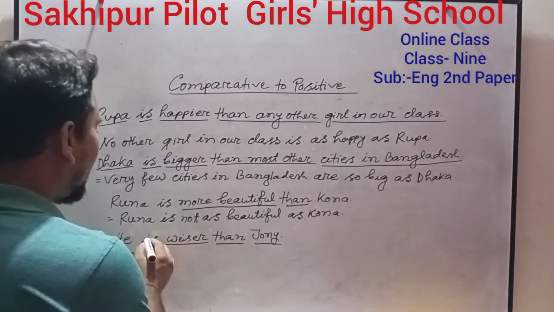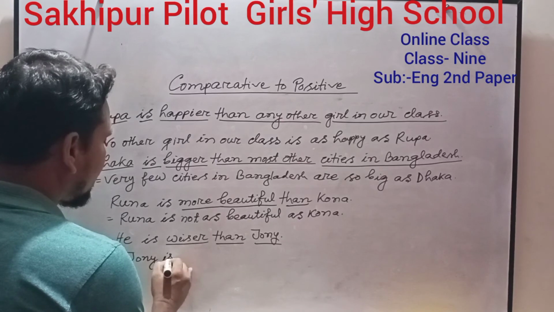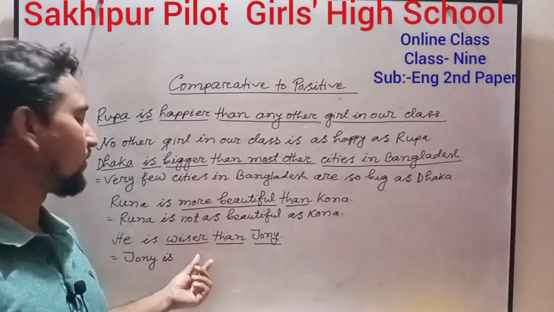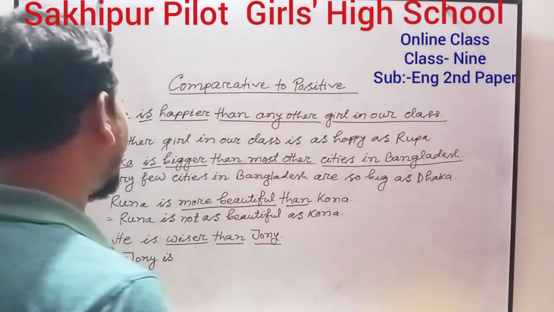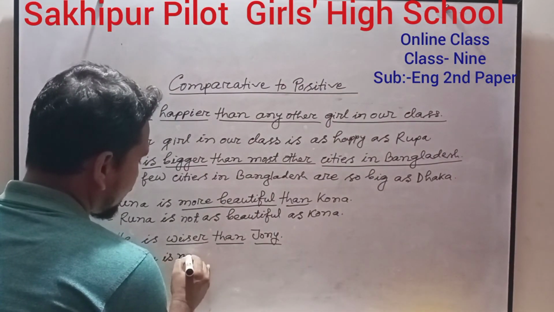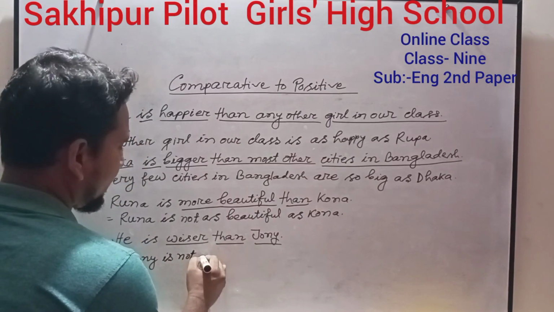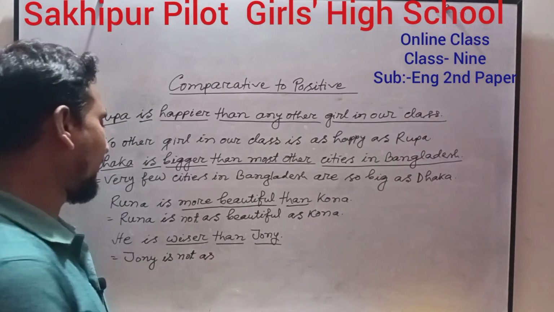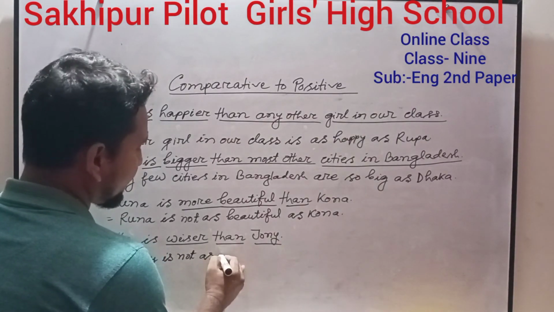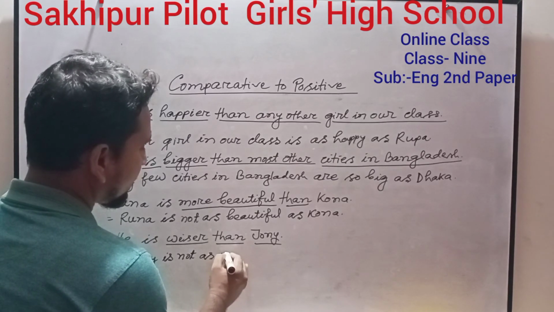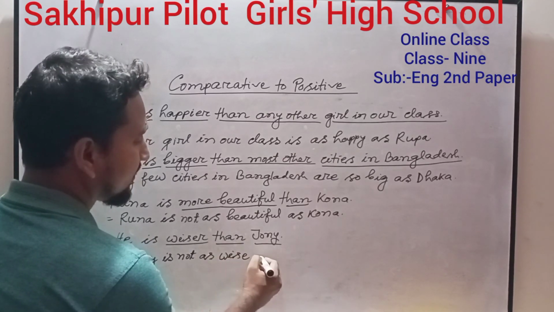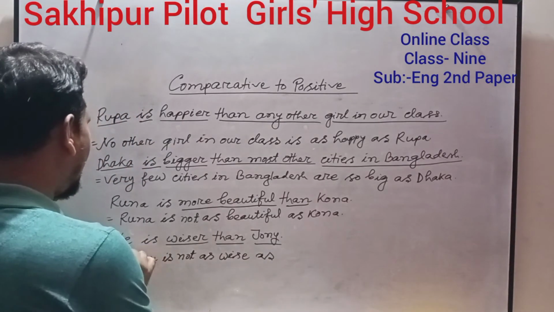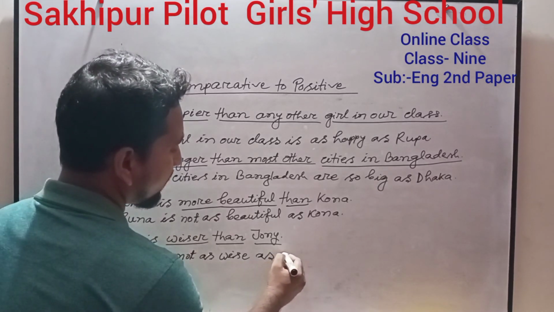Then you have to write the verb is. Here the sentence is affirmative, so it will be negative. The negative form is "not as". You have to use "not as". Then you have to change the adjective into positive form, wise. Then you have to write another as instead of than. Then you have to write the first noun or pronoun, he.